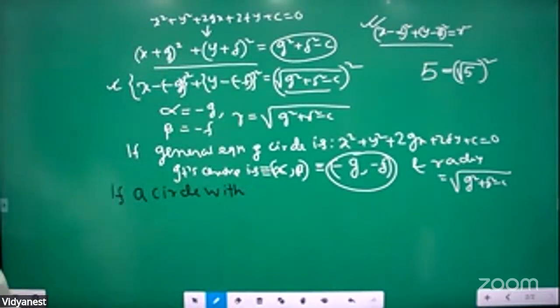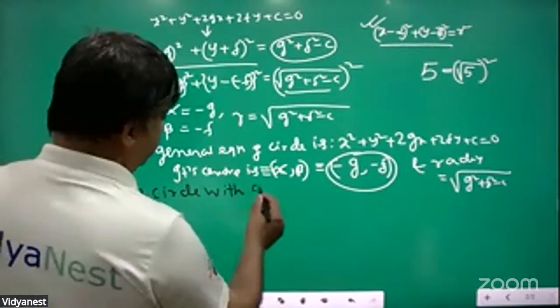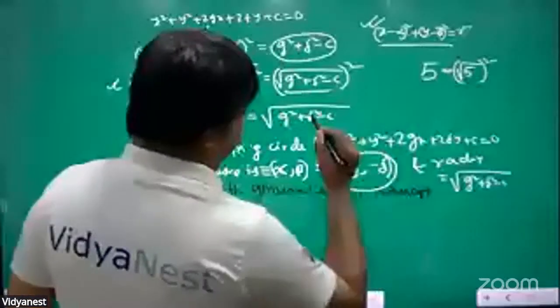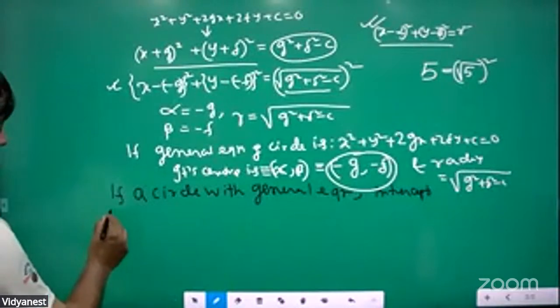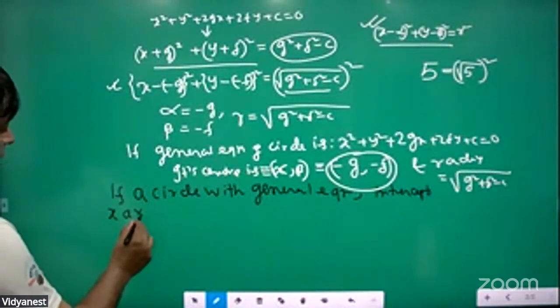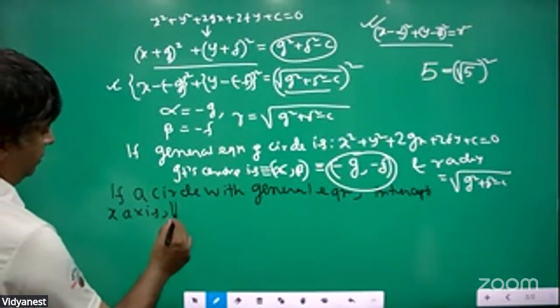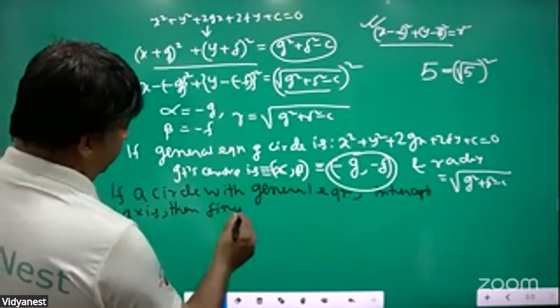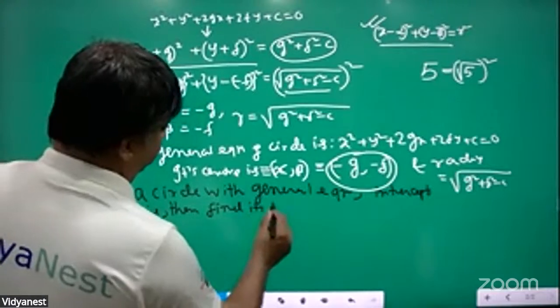If a circle with general equation intersects the x-axis, then find its length.